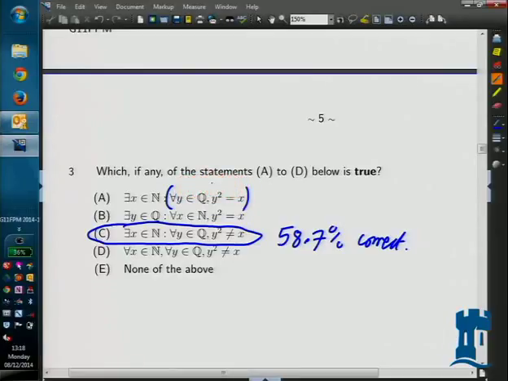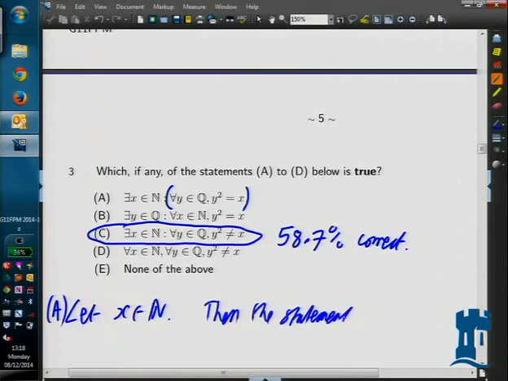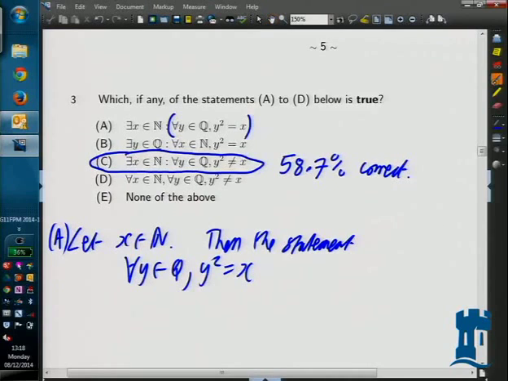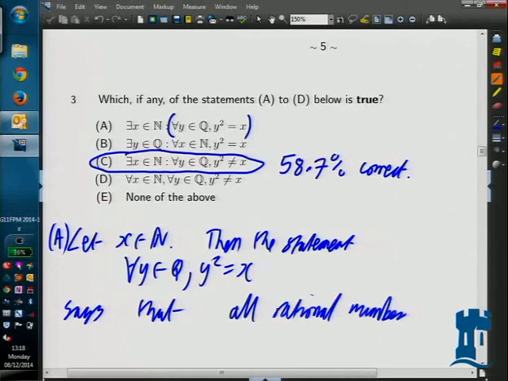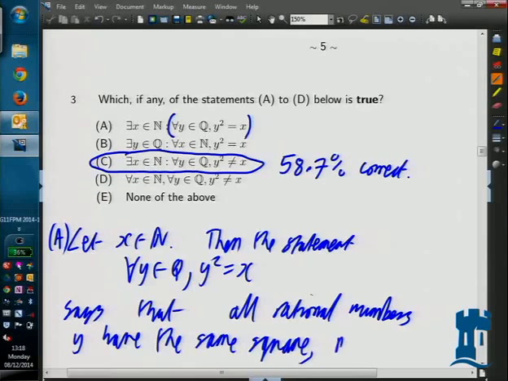So for A, if you let x be a natural number, then the statement for all y in Q, we have y squared equals x, says that all rational numbers y have the same square, namely x.